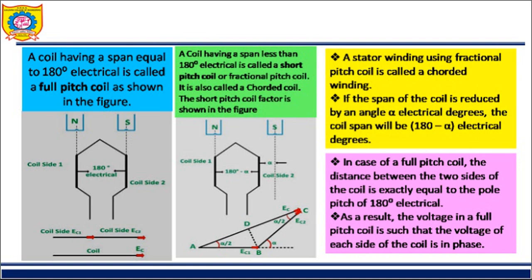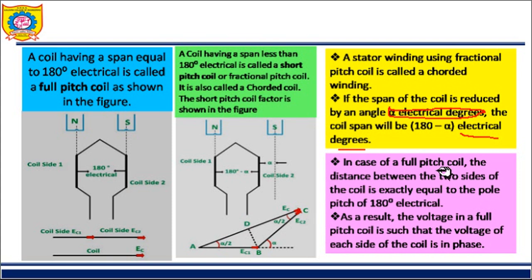If the span of the coil is reduced by an angle alpha electrical degrees, see here, this is alpha, the coil span will become 180 minus alpha, that is also in electrical degrees.